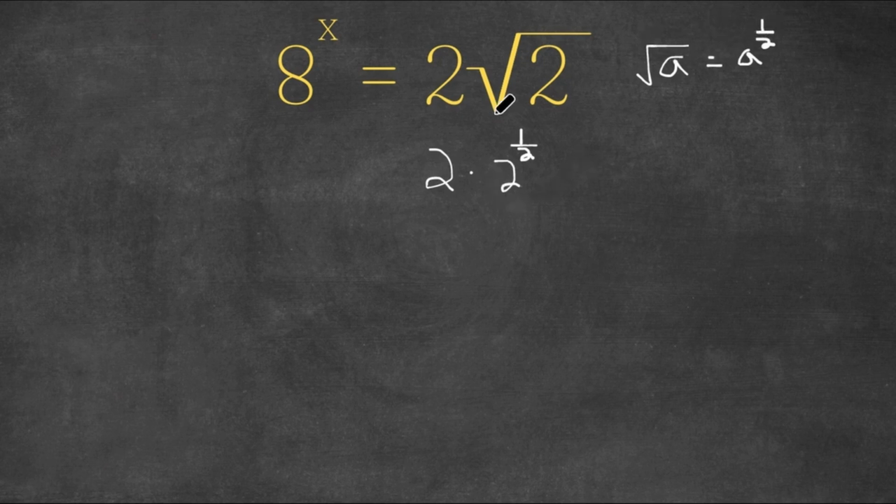So knowing this, now that side is 2 times 2 to the power of 1/2. This side is still 8 to the power of x. Now 2 times 2 to the power of 1/2, how would we solve that?